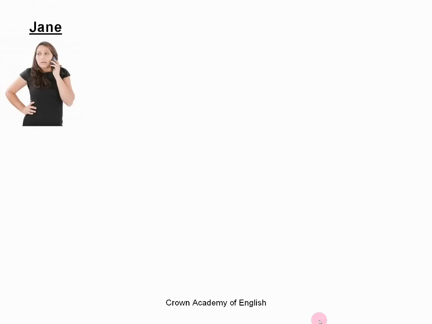Okay? So Jane is talking to Sarah, and Jane is giving advice to Sarah. Okay? But we can only hear what Jane is saying. We cannot hear what Sarah is saying. So this is what Jane is saying to Sarah.